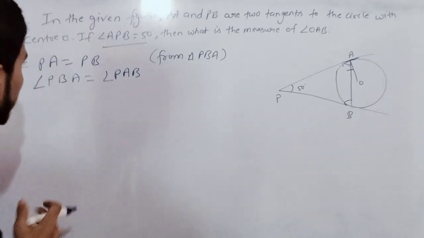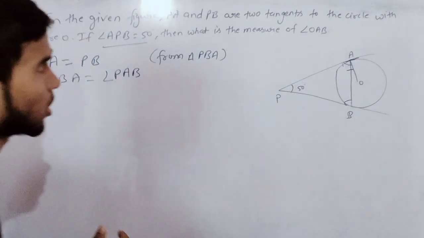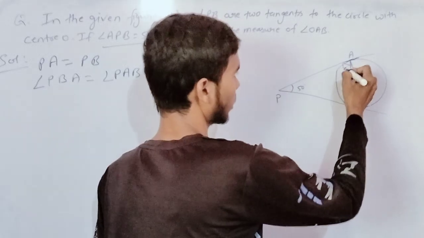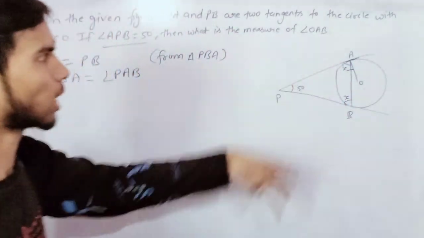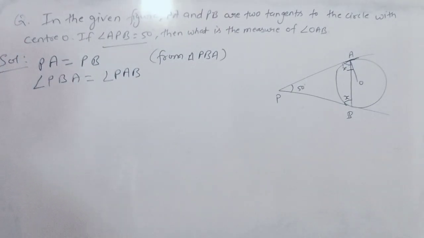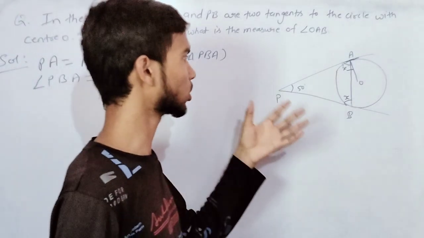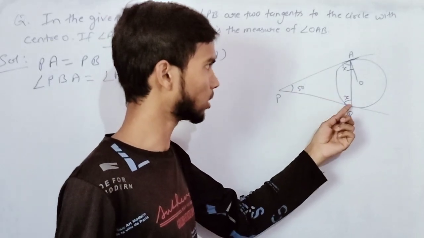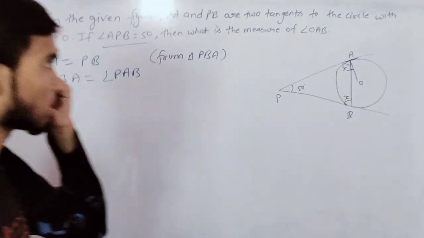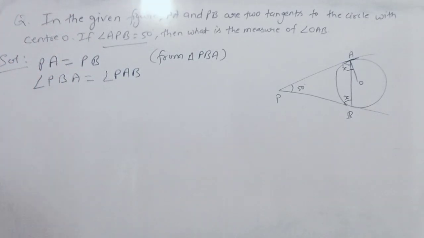Now here, can we take one as x? Both the angles are equal, because, as we saw from the theorem of the circle, if this is equal to this, then this will be equal to this.